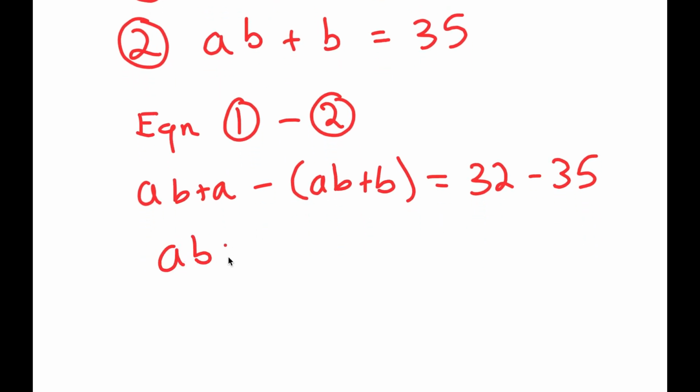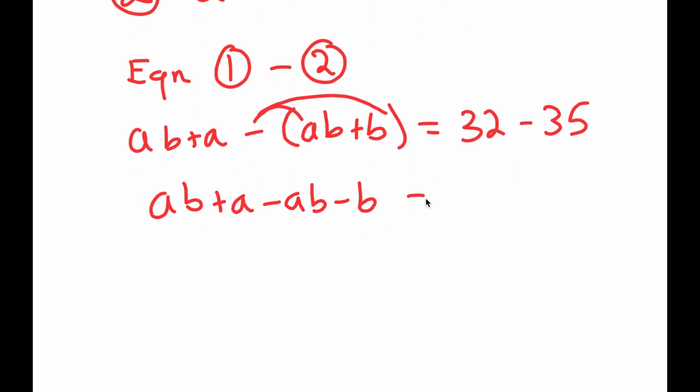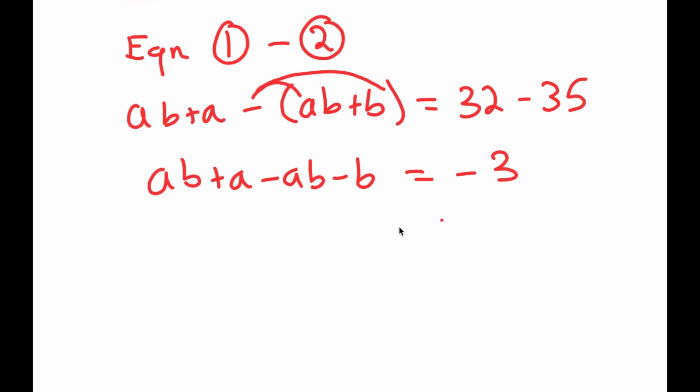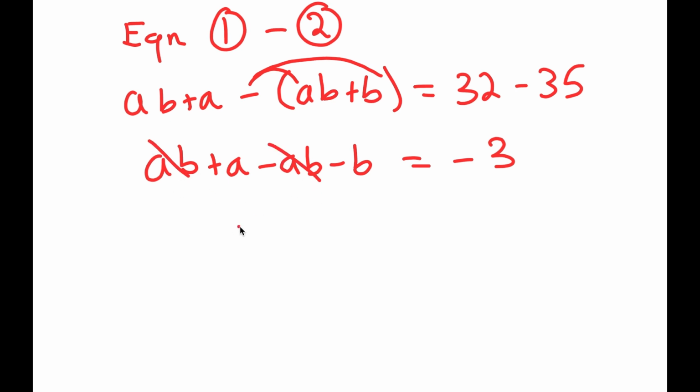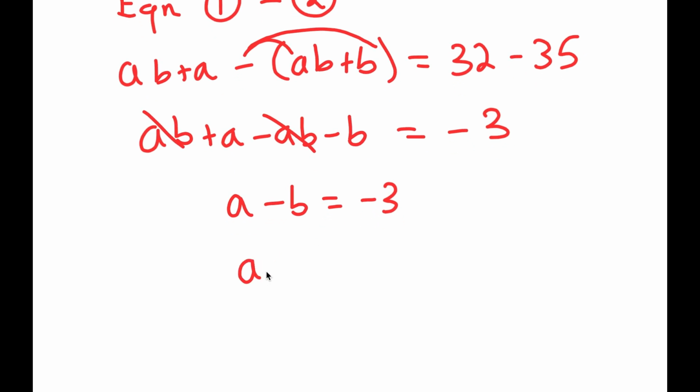So now I get ab plus a minus ab minus b, because I have to distribute the negative sign, is equal to negative 3. Now ab and negative ab cancel out, so I get a minus b is equal to negative 3, meaning a is equal to b minus 3.